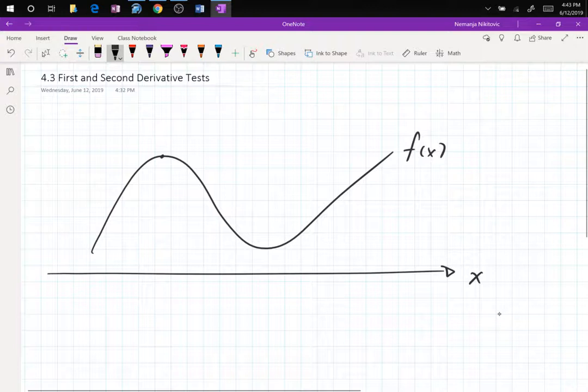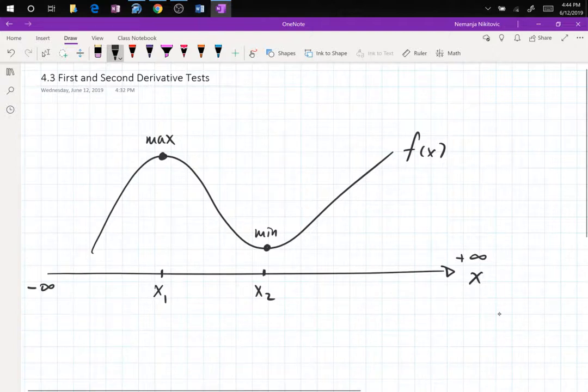I'm going to pick the max value over here and call it x1, and a minimum value over here, which I'll call x2. We have negative infinity and positive infinity on the x-axis.